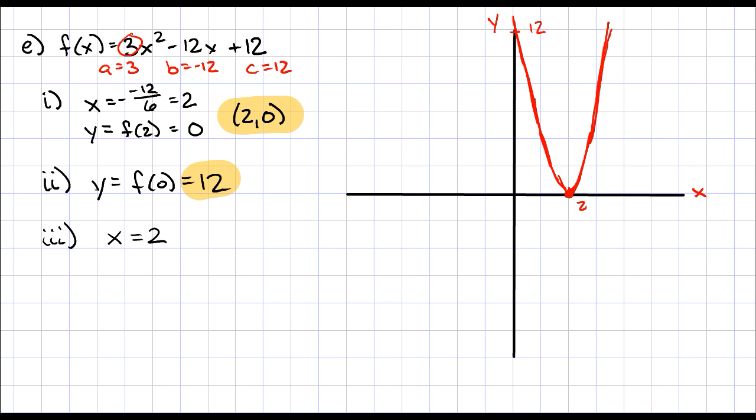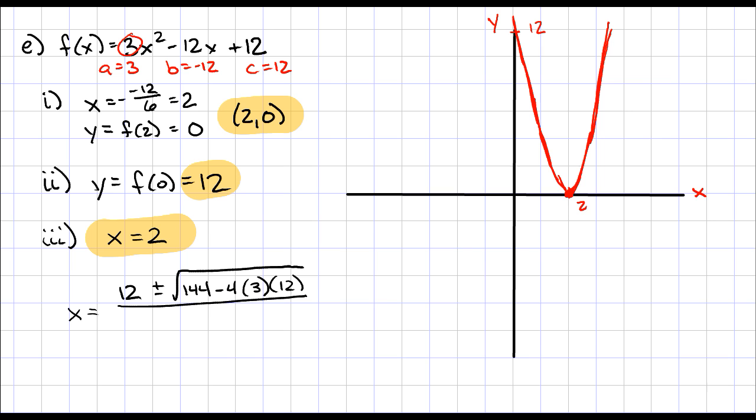If I did not notice that from looking at the graph, I could obviously still use the quadratic formula. If I set it up, I would get x equals 12 plus or minus the square root of b squared, which is 144, minus 4 times a times c, divided by 2a.